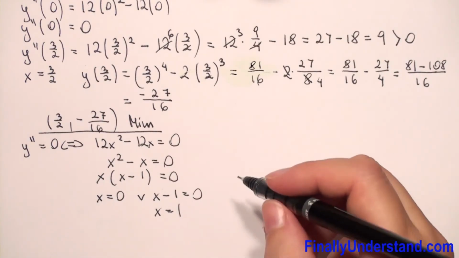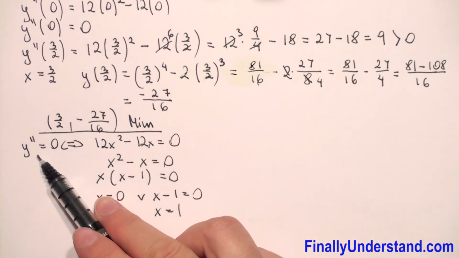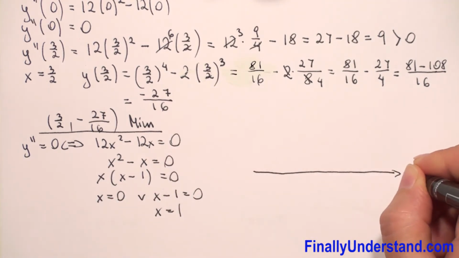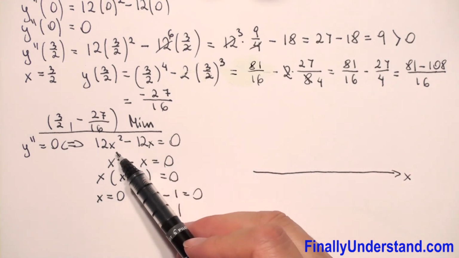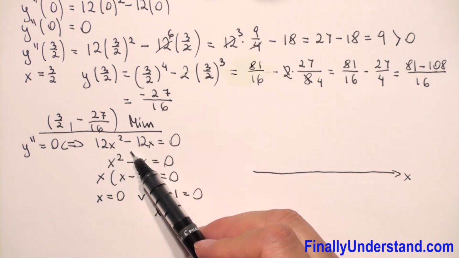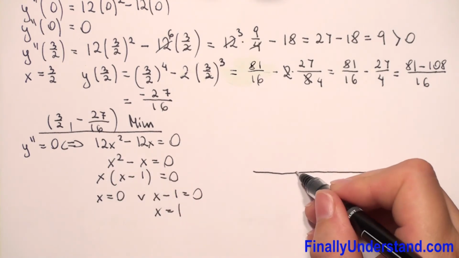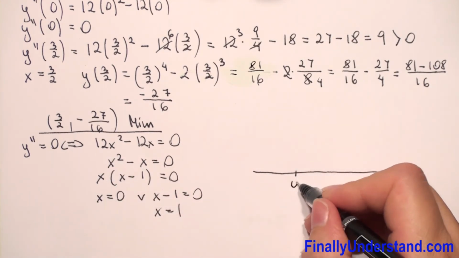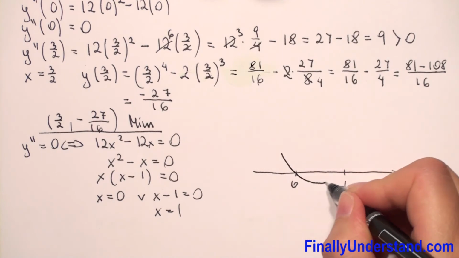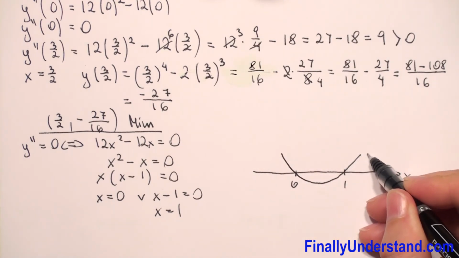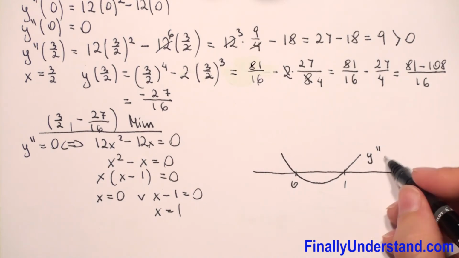Next, we will draw the graph of our second derivative. We have an x number line. We have a quadratic function. The graph will be a parabola opening up because the coefficient before x squared is positive. And we have roots 0 and 1, opening up.